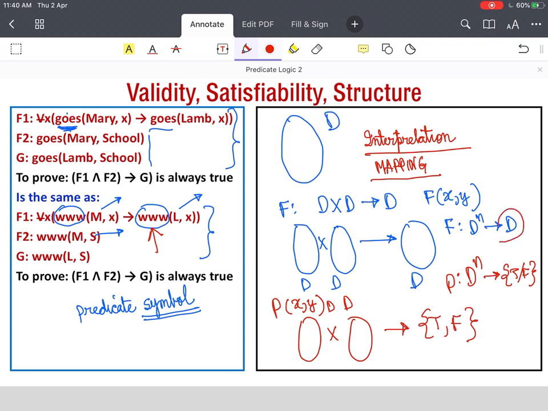Once we define the mapping, we get values for the functions and truth for the predicates. Once we get values and truth for the functions and predicates, we can assign a truth value to the formula, and then decide whether the formula is true or false.